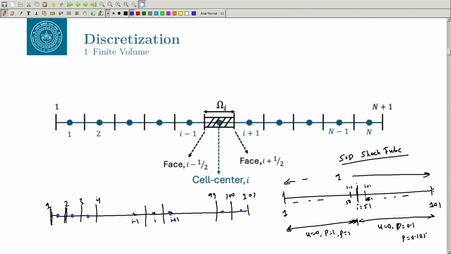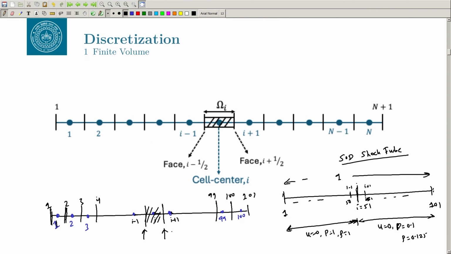So, if it is 101 number of faces, with 2 faces you have got 1 cell, this is 1, 2, 3, and then you have 99 and 100, right. So, using the same terminology, this is my cell, and these are my cell faces.